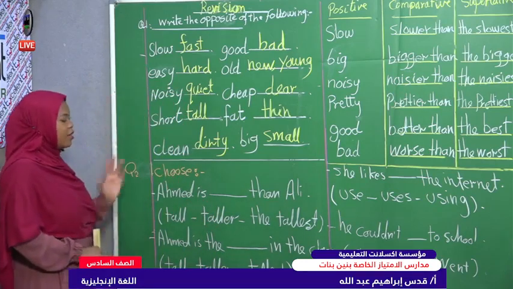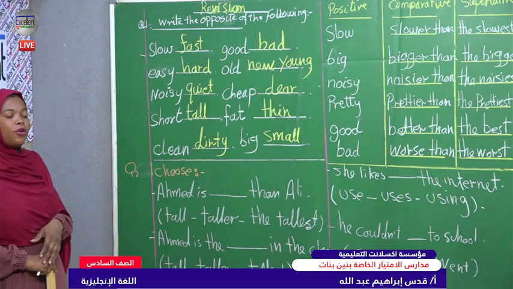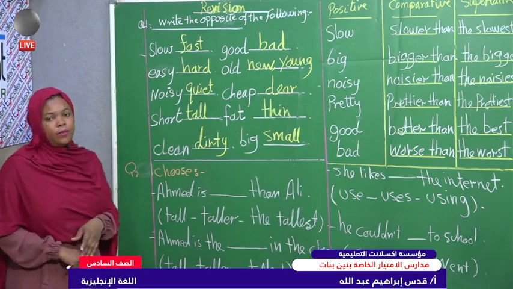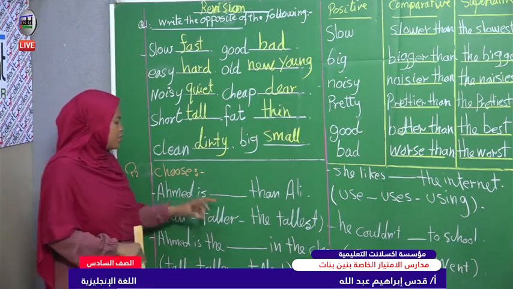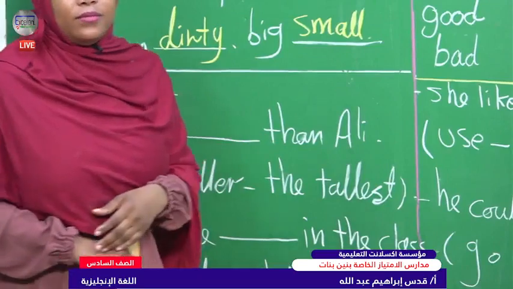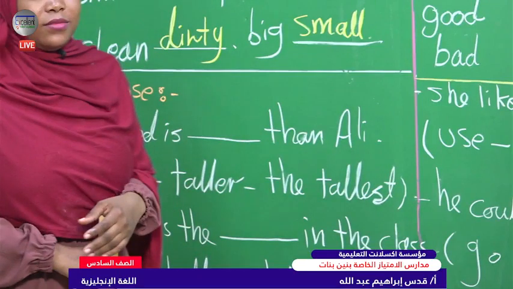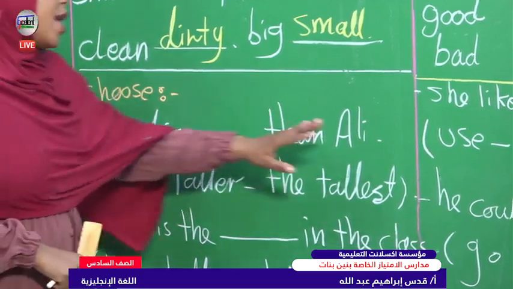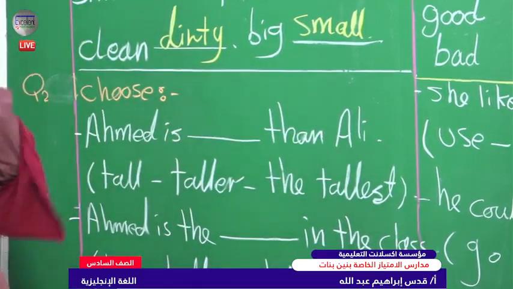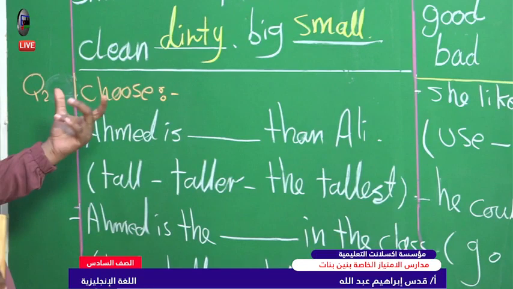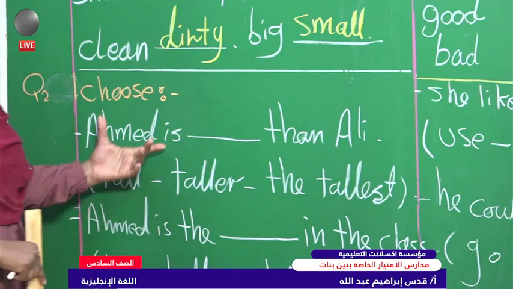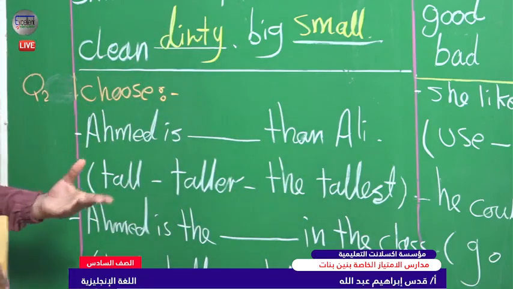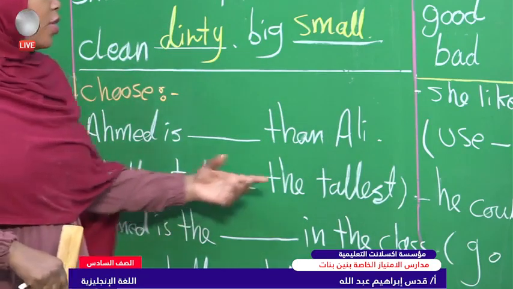Okay, let's take an example here for the comparative and the superlative. It says choose. Ahmed is dash than Ali. Here, this is a comparative because I am comparing between two boys, Ahmed and Ali. What am I gonna choose?